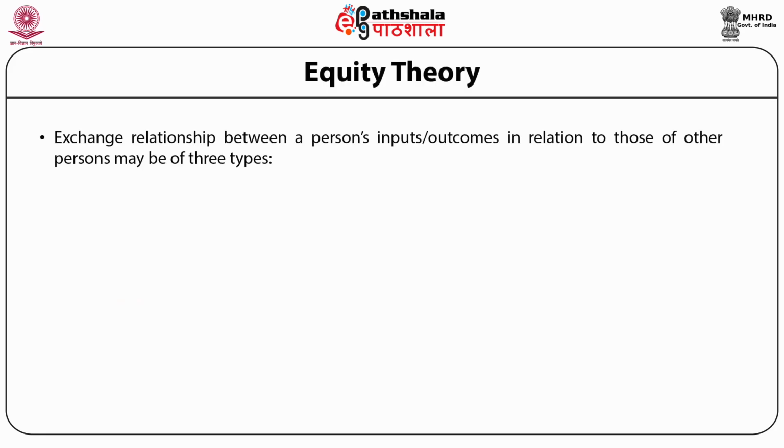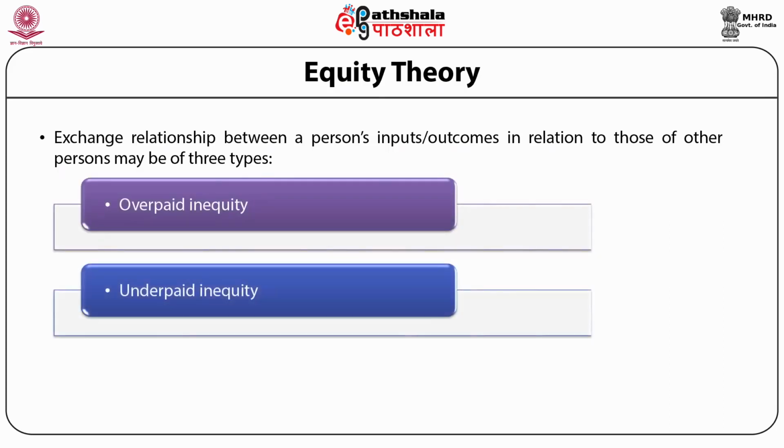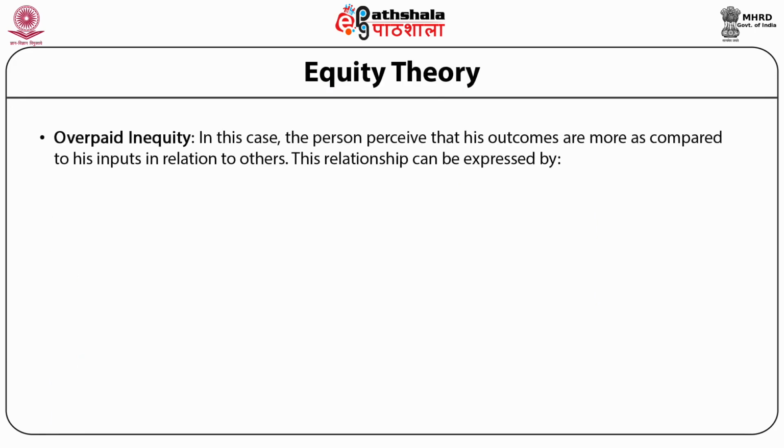The exchange relationship between a person's inputs and outcomes in relation to those of other persons may be of three types: overpaid inequity, underpaid inequity, and equity. In case of overpaid inequity, the person perceives that his outcomes are more as compared to his inputs in relation to others.